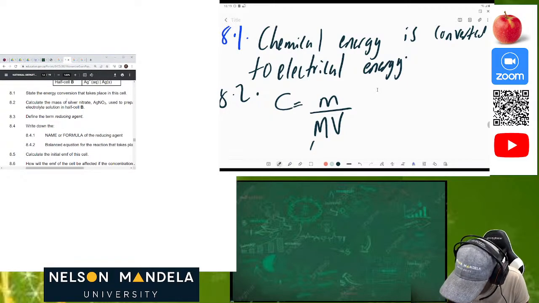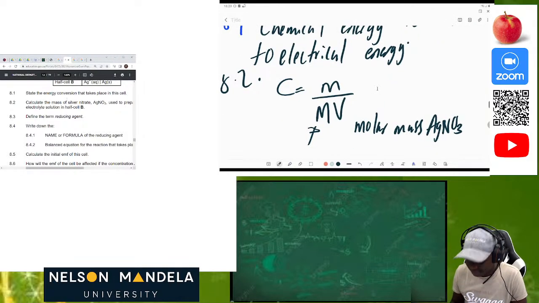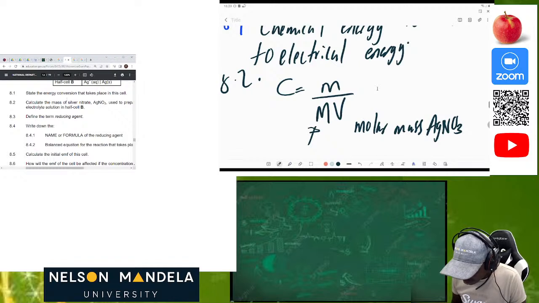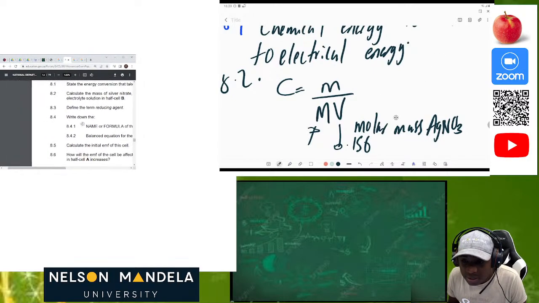What is M? M is the molar mass of AgNO3. We were taught this in grade 10. Then what is the volume? We were given the volume to be 150 cm³.